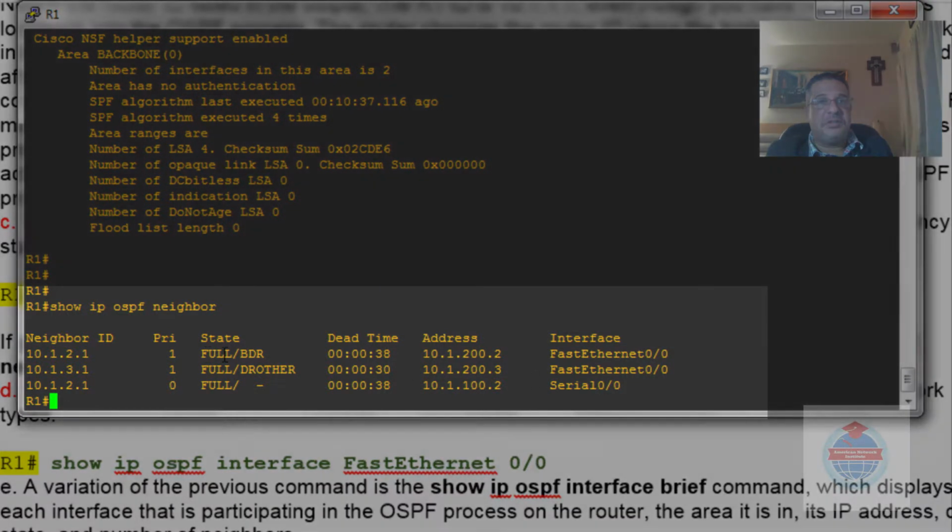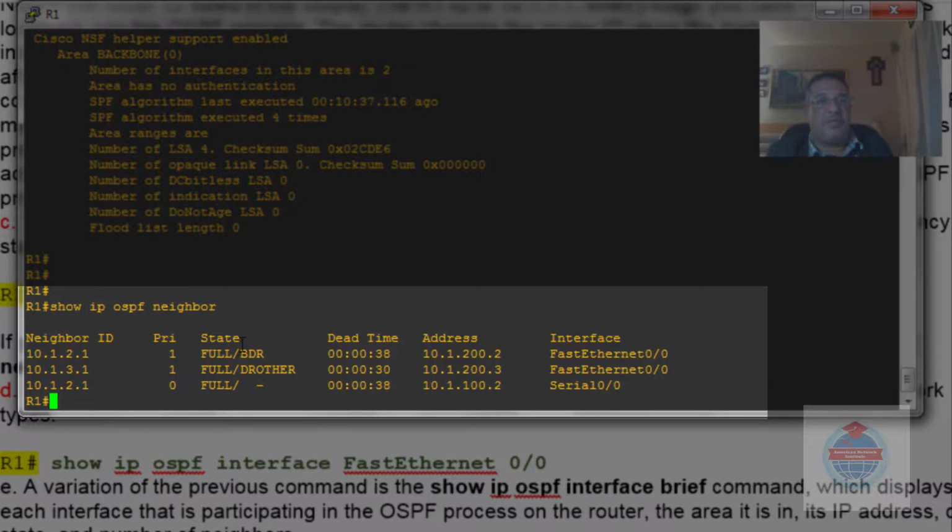Over here, the state of each one of them says that router 2 is the BDR, the other is the DR other, so you're probably going to be the DR because that one is missing.